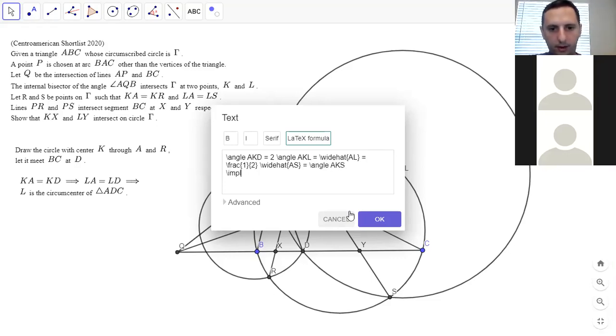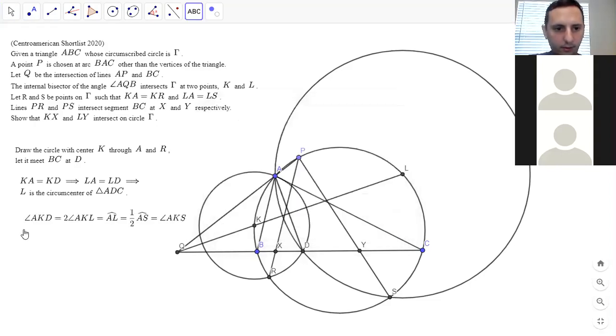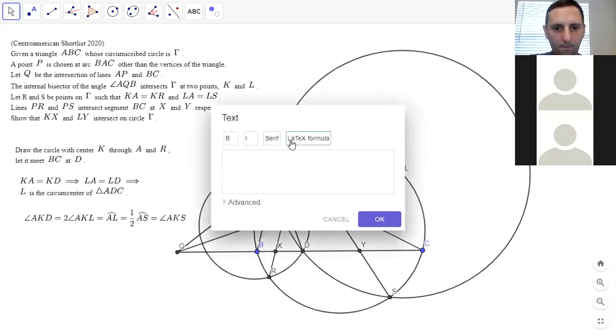And that means that KD and S are collinear. So are LD and R.